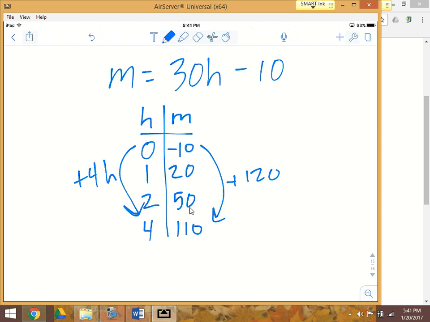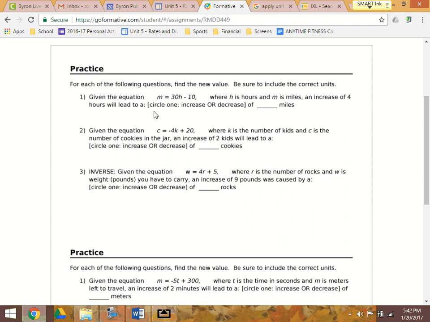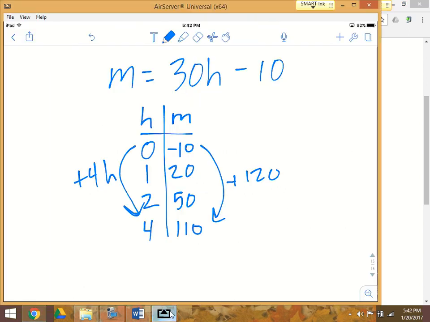I was at negative 10 and now I'm at positive 110. So I actually went up 120. Okay, so now my question here is an increase of 4 hours will lead to an increase of 120 miles.